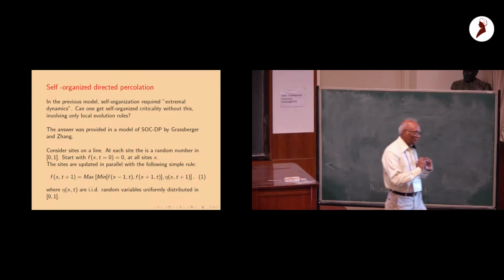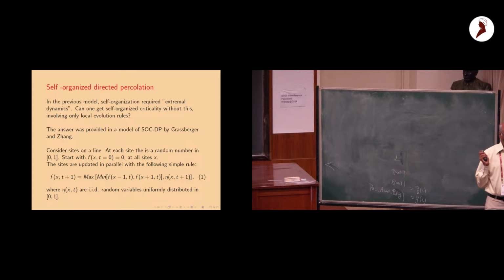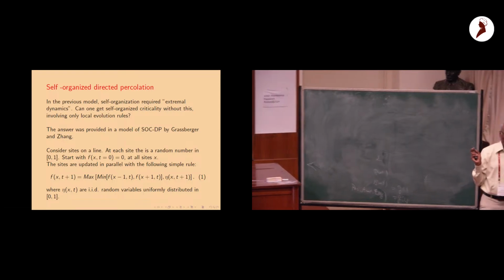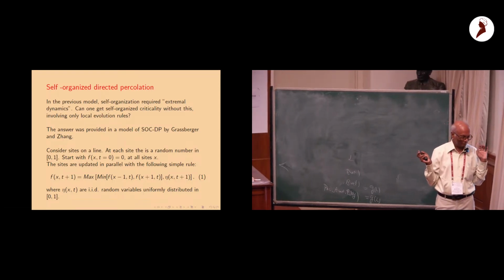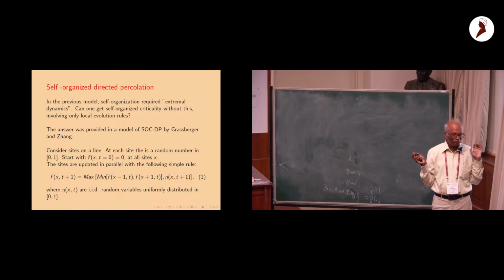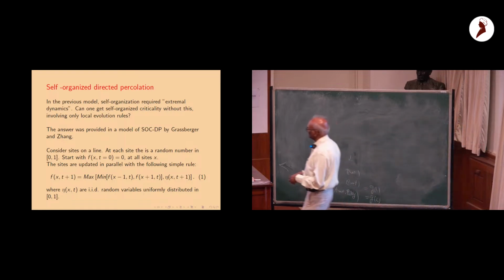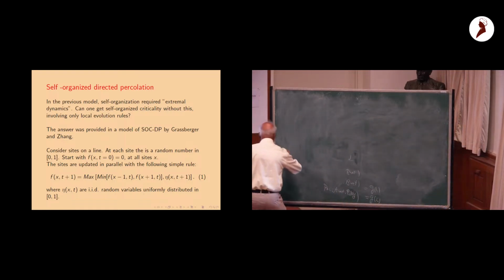And they called it self-organized directed percolation. And the basic idea is the same. You do something or the other, and the system will go to its critical point. But we will not use extremal dynamics. We will use only local dynamics, right? So how can you do it? And let me do it here.